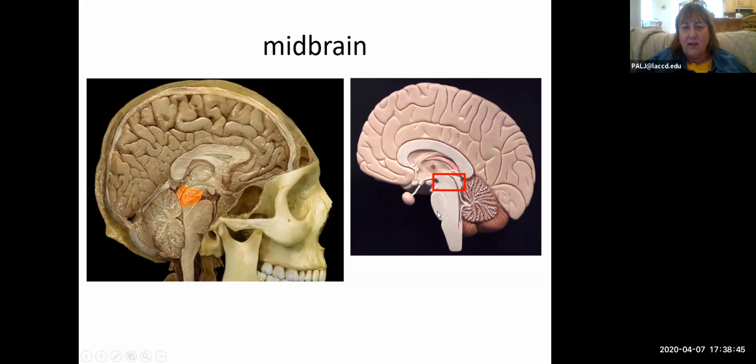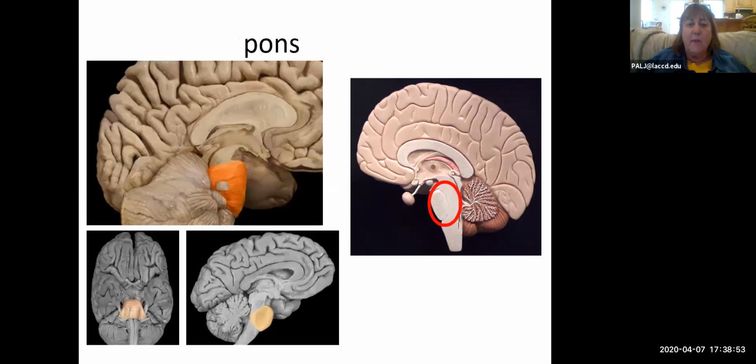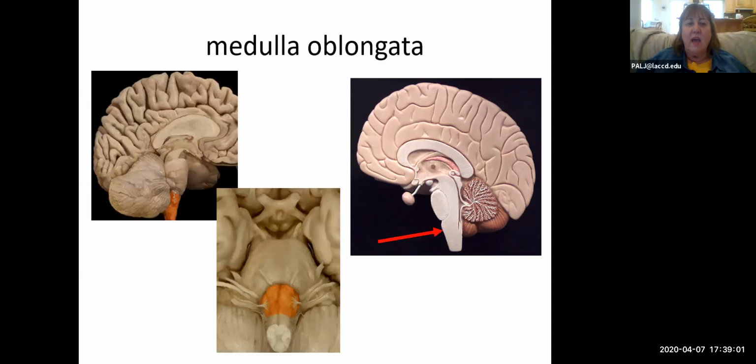So yes, the pregnant belly itself, plus all of this tissue behind the pregnant belly, all of that forms the pons. And then below the pons, we have the medulla oblongata.